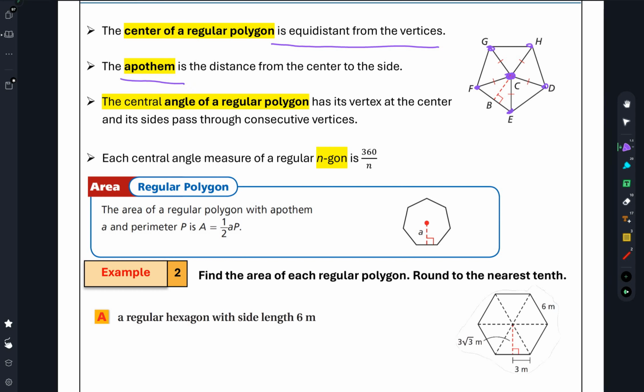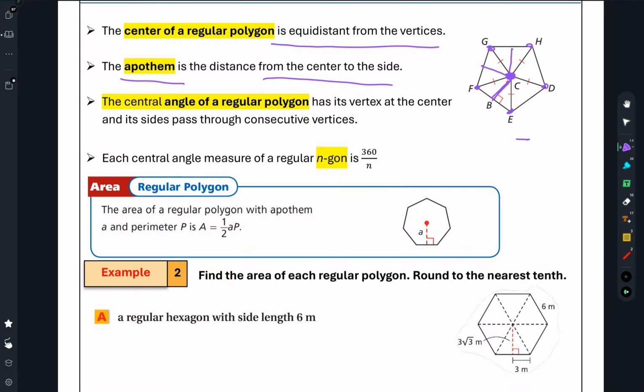Apothem is the distance from the center to any side, like from here. This is all called apothem. It's different from the radius, which goes to the vertex.